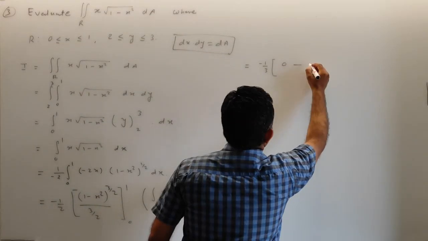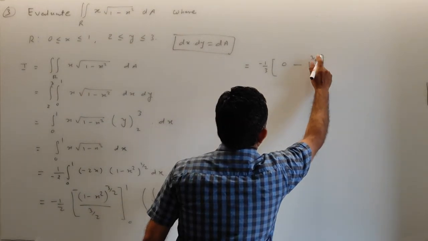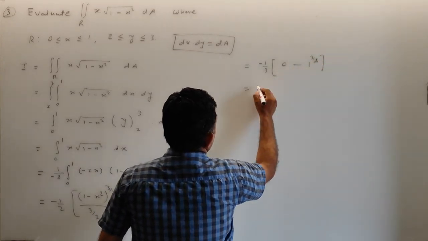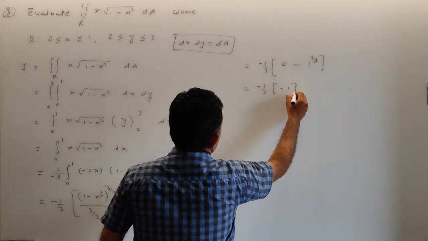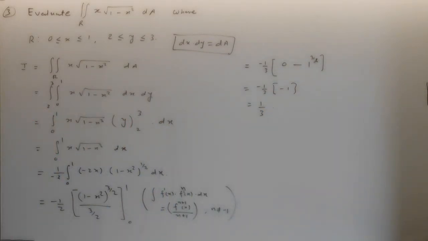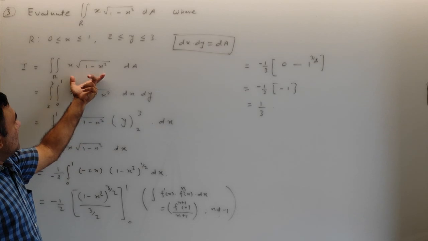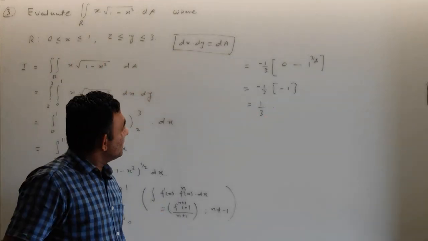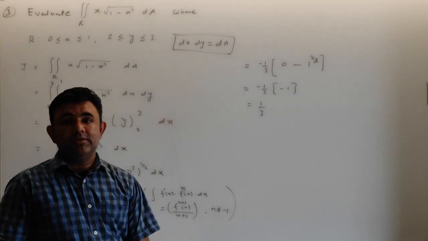So it is minus 1 by 3 and it is minus 1, so the final answer is plus 1 by 3. So integration of x root 1 minus x square over R, where R is this rectangular region, my answer is 1 by 3.